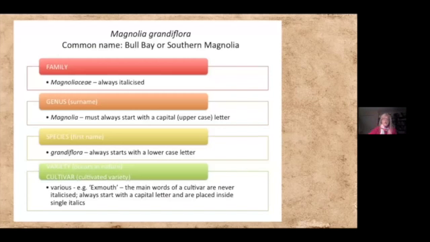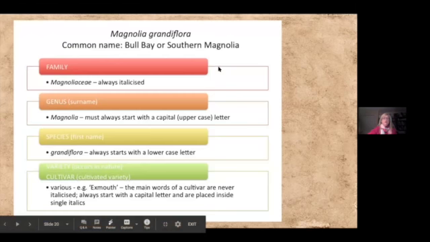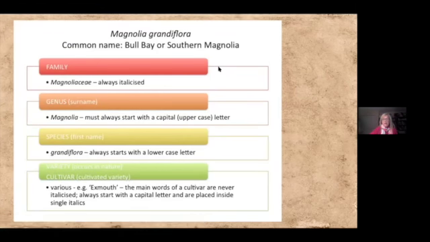When you paint something or draw something, you want to be scientific about your illustration. So you first name your family. So this is for the Magnolia grandiflora. Of course, there's a common name that we call our flowers by, but then there's always the Latin name, and the family is always italicized.